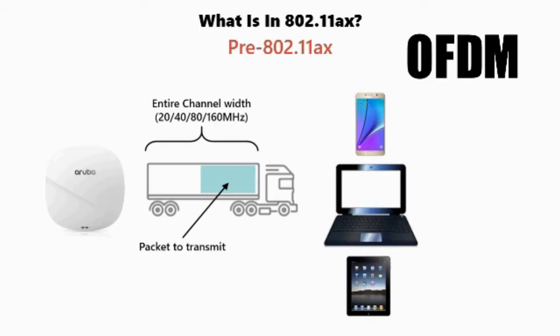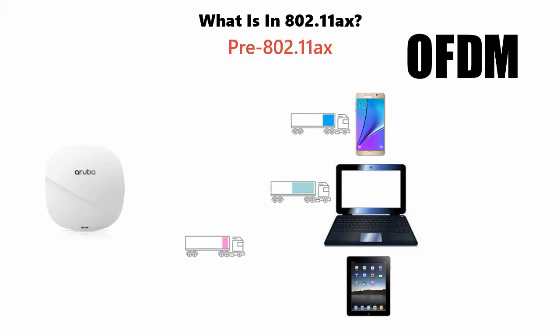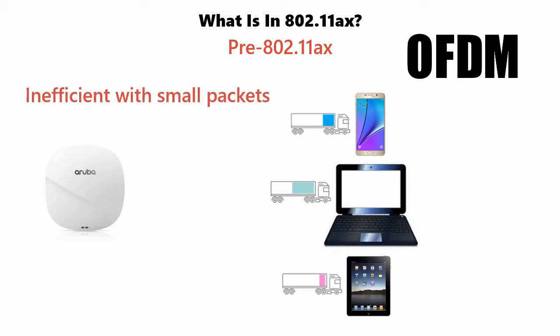Okay, and so if I have a truck of a certain size, let's say a 20 megahertz channel width will mean a truck of a certain size, and I want to transmit to my 3 devices, what will happen is that that truck is going to carry 1 packet for 1 device, and then separately another trip to carry a 2nd packet for the phone, and the 3rd trip to carry another packet for the iPad.